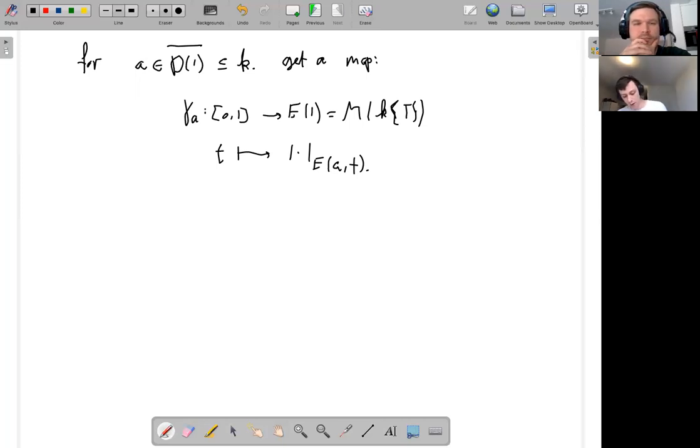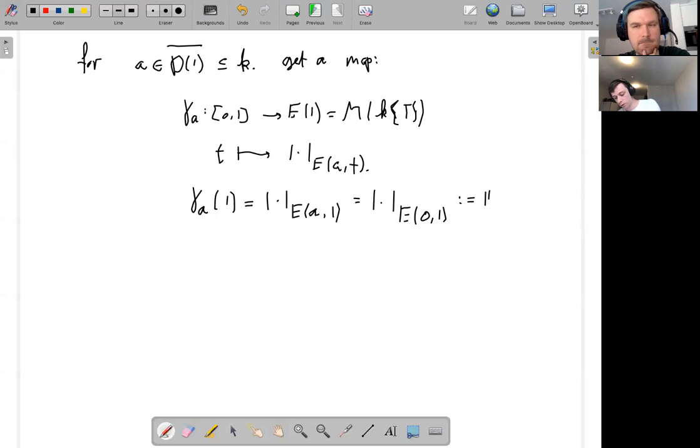Okay, and the nice thing about this map is that if you plug in the value 1, then what you get is always just the norm corresponding to the disk center A radius 1. So that is equal to the norm of the disk with center 0 and radius 1. But this, by definition, is just the norm on him, which was this Gauss point.